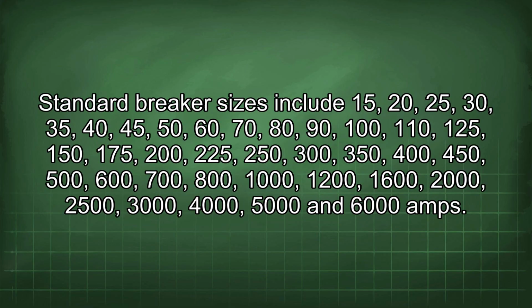Standard breaker sizes include 15, 20, 25, 30, 35, 40, 45, 50, 60, 70, 80, 90, 100, 110, 125, 150, 175, 200, 225, 250, 300, 350, 400, 450, 500, 600, 700, 800, 1000, 1200, 1600, 2000, 2500, 3000, 4000, 5000, and 6000 amps.